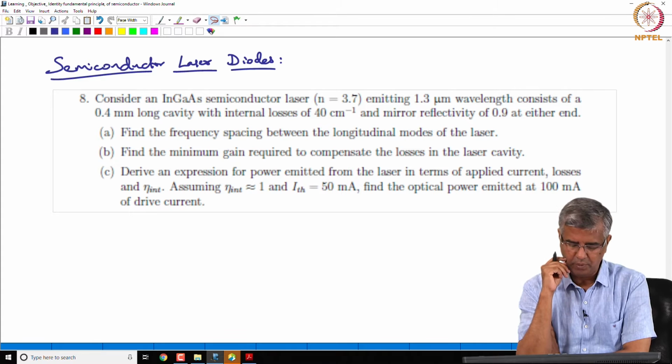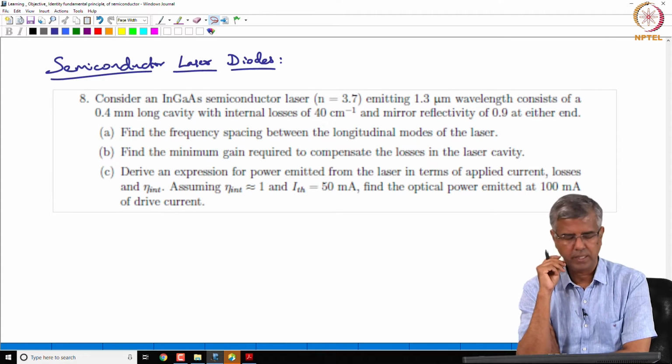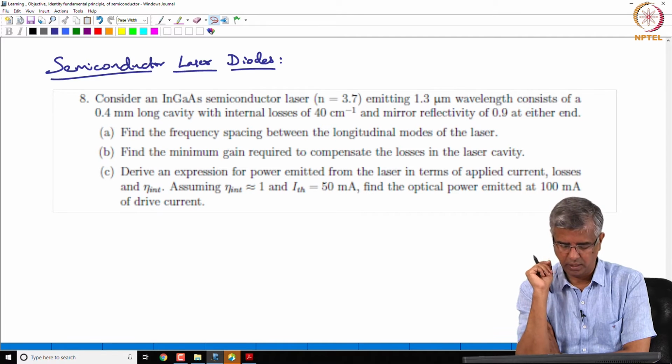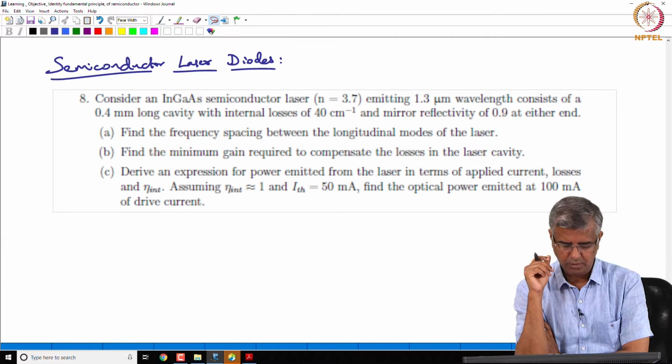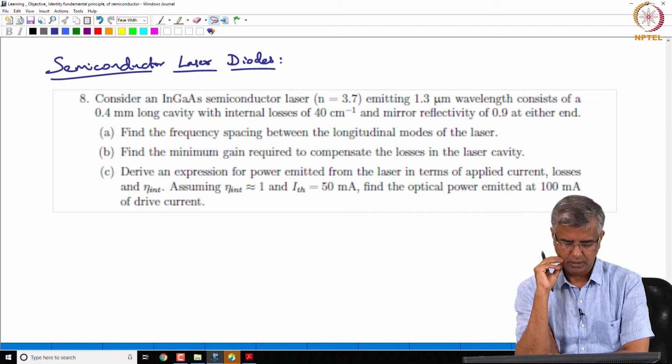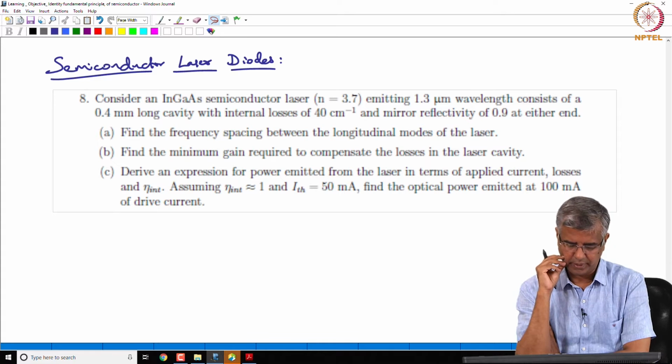Find the maximum gain required to compensate the losses in the laser cavity. That part we will look into in a little more detail, and finally derive an expression for power emitted from the laser in terms of applied current, the losses, and eta int.